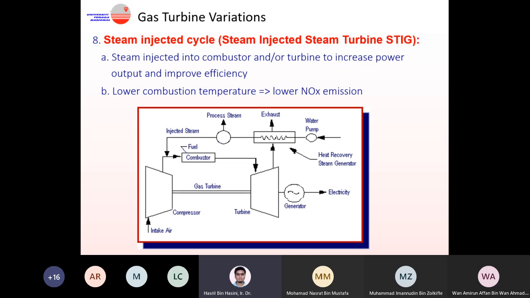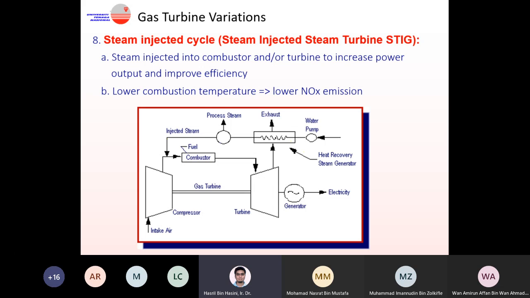efficiency. Okay, now if you look at the thermodynamics point of view, you are talking about injecting steam into the combustor. We are not injecting water, we are talking about steam. If you inject water into the combustion chamber, what happens? We know that we are going to reduce the temperature.